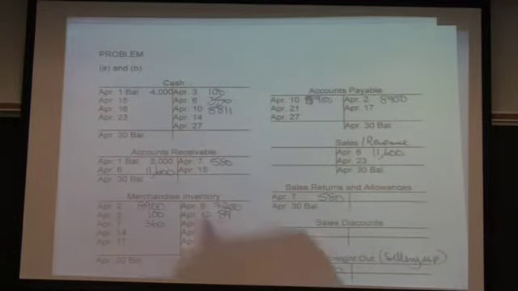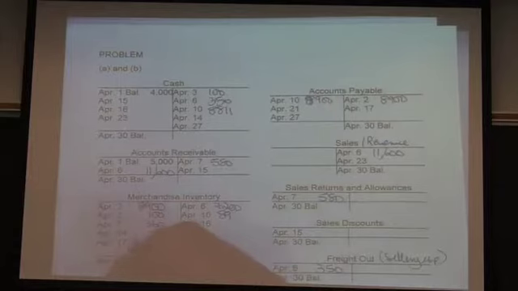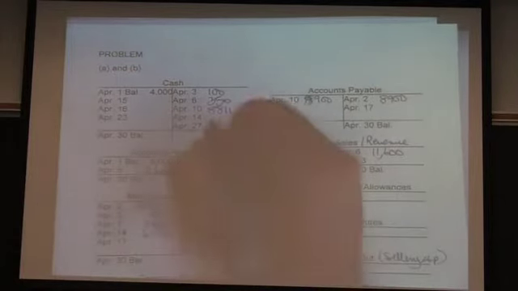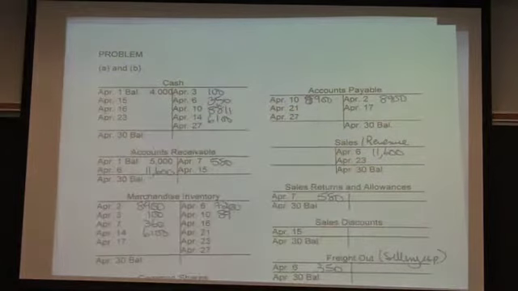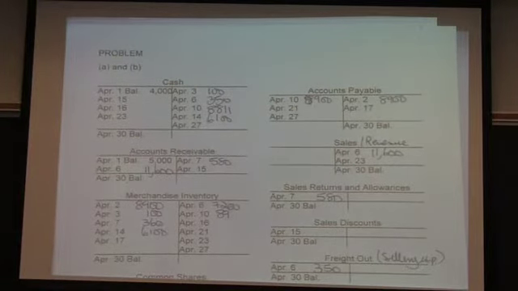And we're going to record that in our T account. So debit inventory on the 14th for $6,100 and credit cash $6,100. Okay?